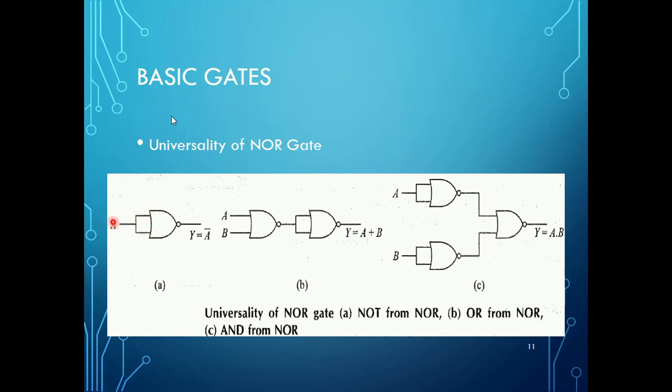So A is the input now. Output you get in Y. When you provide an input in this way, you get the output here. Then Y is equal to A bar. Next you have connected two NOR gates. Again two NOR gates. For this you have provided 2 inputs and it is going to give you the Y output.